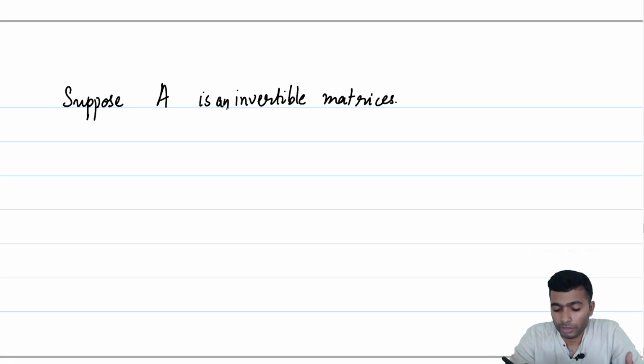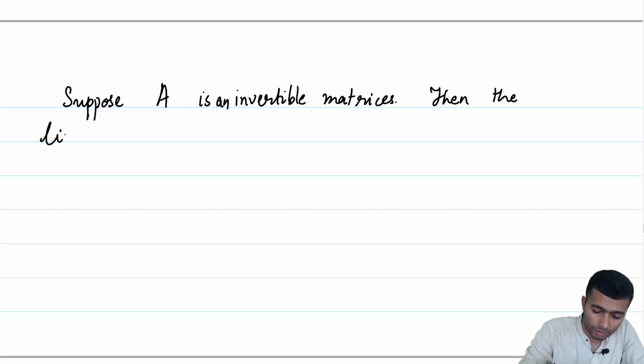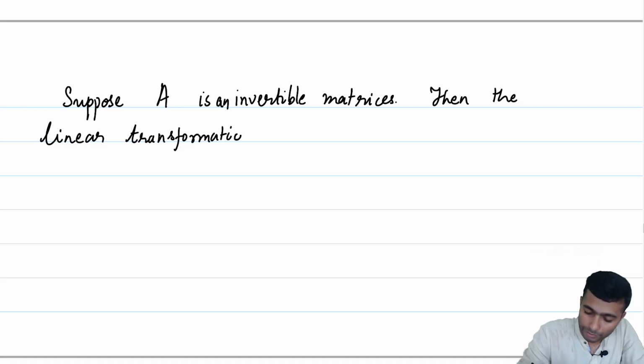What do we know about the associated linear transformation LA? If A is invertible, then the linear transformation LA is also an invertible linear transformation.